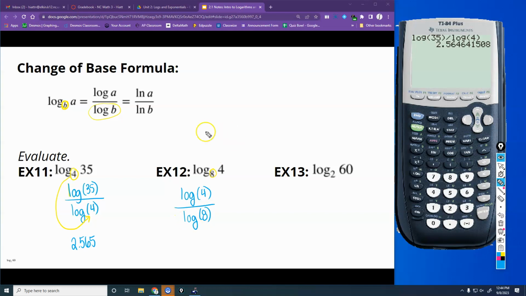It has nothing to do with which number is the biggest. That base, even if it's bigger than the other, goes on the bottom. We had that confusion in second period as well. I told them that the big number goes on top. I meant the one that's physically bigger, not the increased value. So log of 4 divided by log of 8 is going to give us 0.6 repeating.